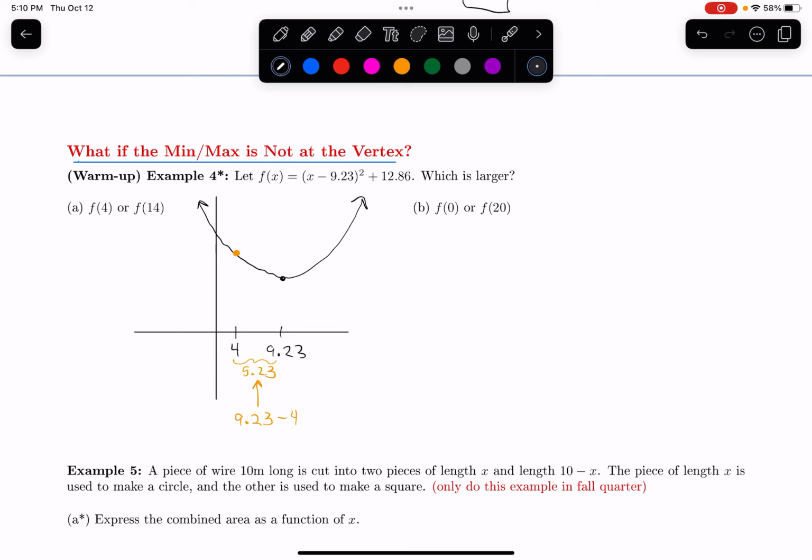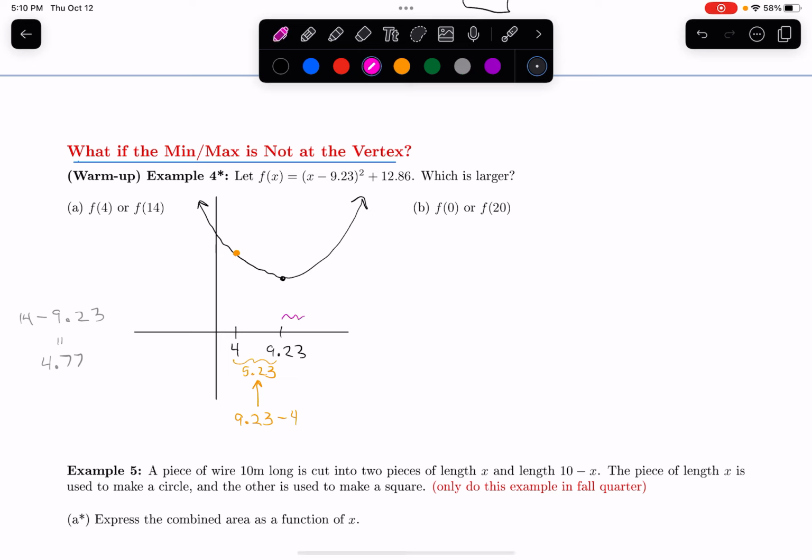So what about 14? Is 14 closer to the vertex than 4 is, or further away? I can figure it out by subtracting. 14 minus 9.23 is 4.77. Oh, so that is definitely a smaller distance. I'm going to try to exaggerate that.